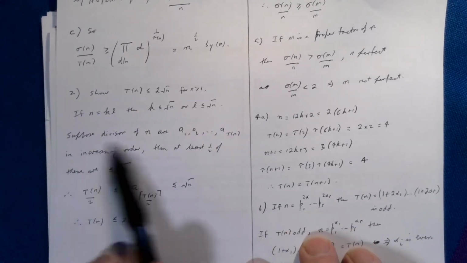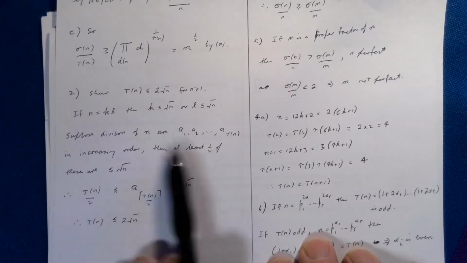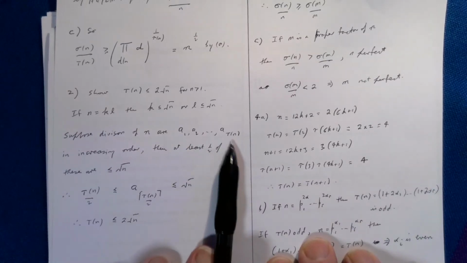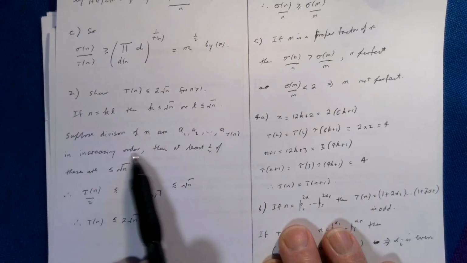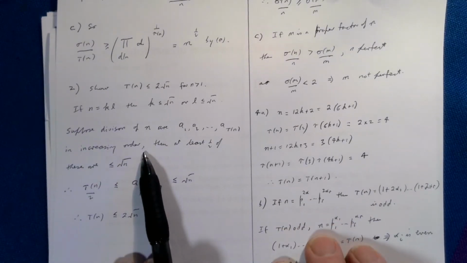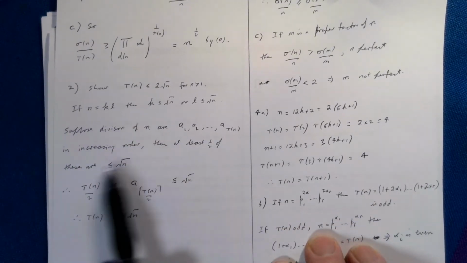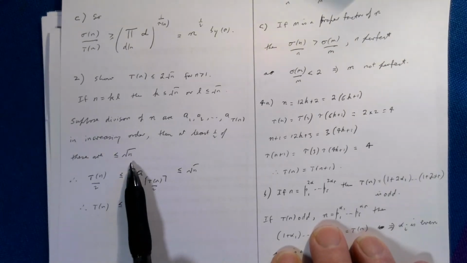We suppose now that the divisors of n are a1 up to a sub tor of n, because there are tor of n divisors, and put them in increasing order. Then by what we said above, at least half of these numbers must be less than or equal to root n.